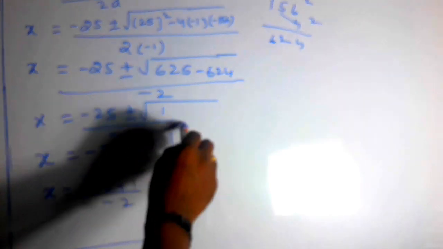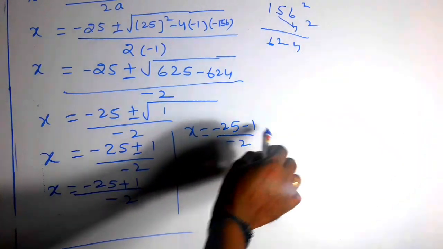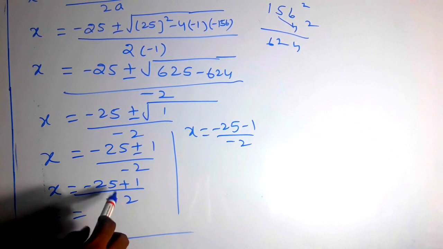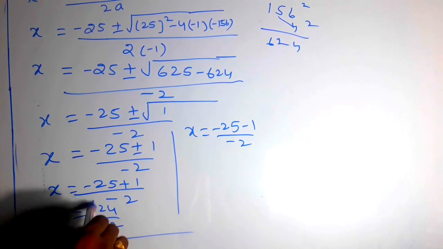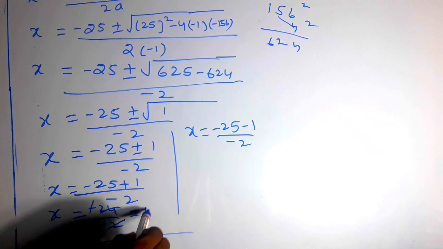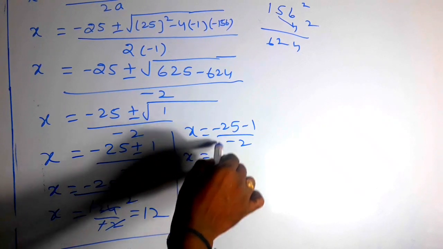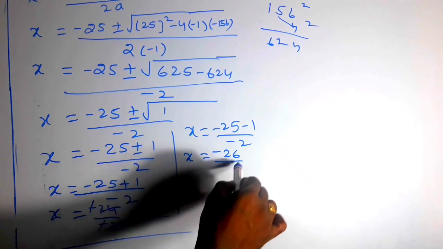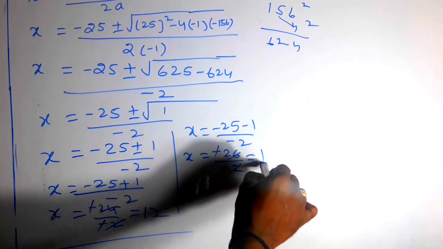Okay. x is equal to minus 25 plus 1 by minus 2. Minus 25 plus 1 is nothing but minus 24 by minus 2. Minus minus cancel, you will get 12. 2 12s are 24. So here also minus 25 minus 1 is nothing but minus 26 by minus 2. Minus minus cancel, 2 13s are 26.